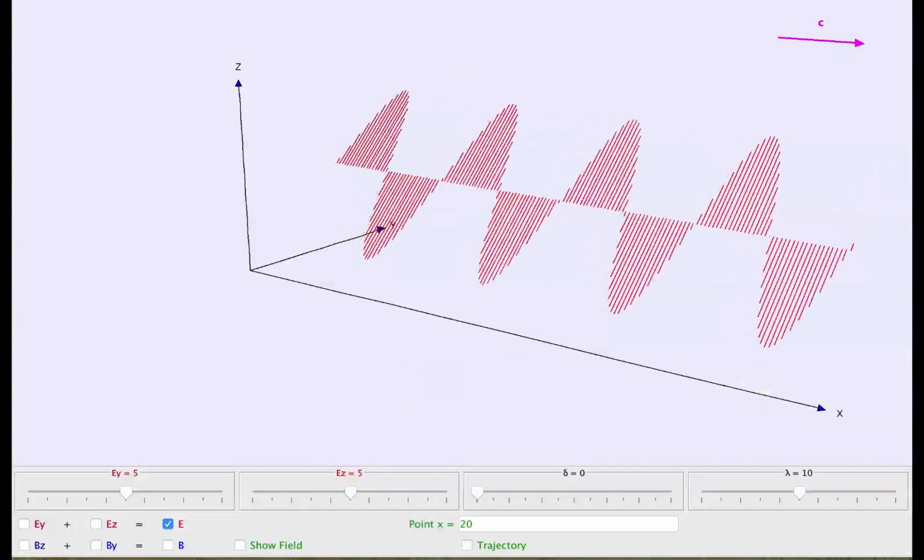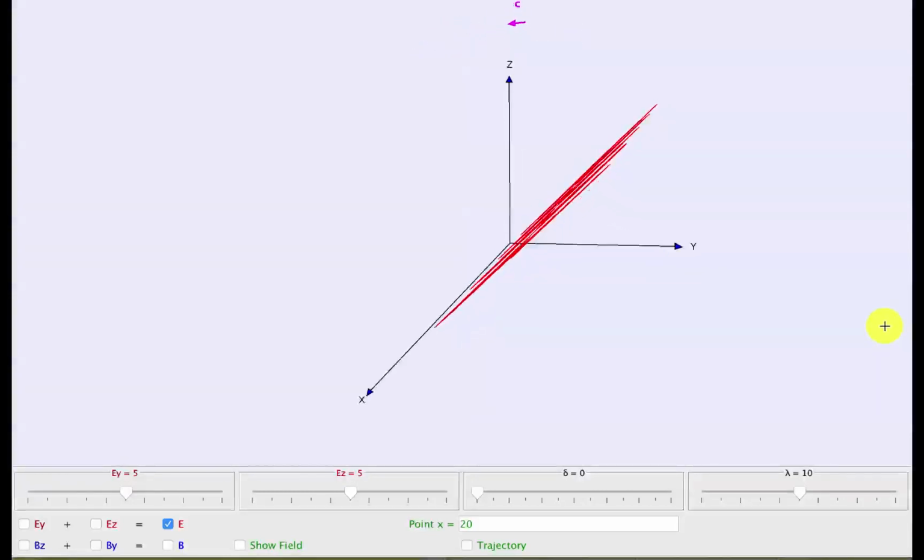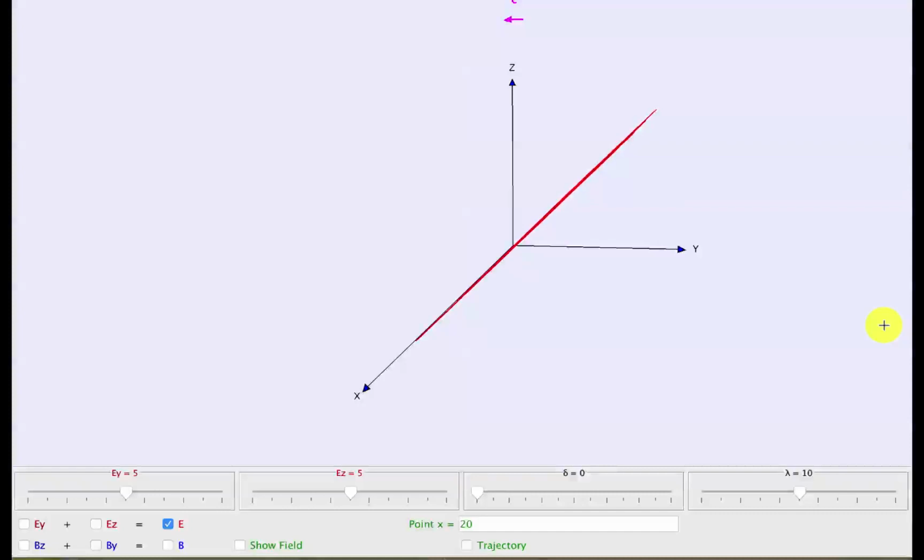So let me move the axis like this. You see that it's at 45 degrees with respect to the ZY axis. So this has a direction of polarization. We will call this polarization that is at 45 degrees. In other words, this angle here is 45.